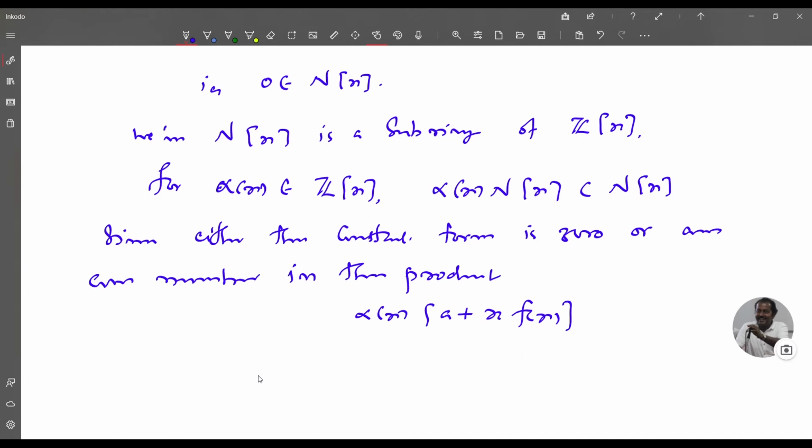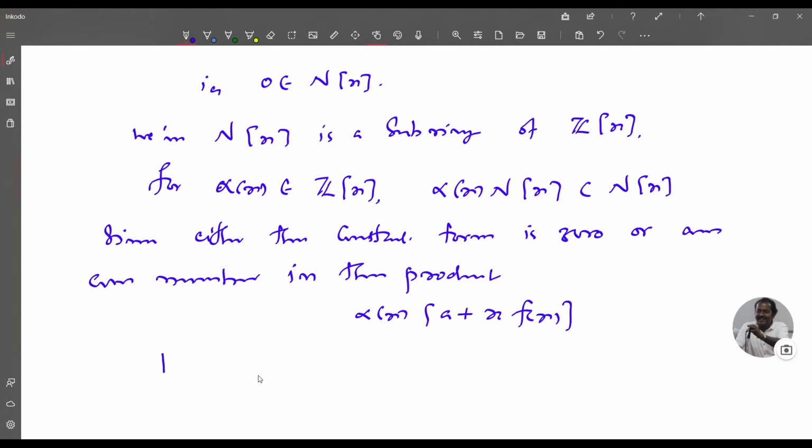If this is a constant term, that constant term multiplied with the even number will be an even number, and you can take an x outside. So the product will be of the form a plus x f(x), where a is an even number. So that is contained in N(x).